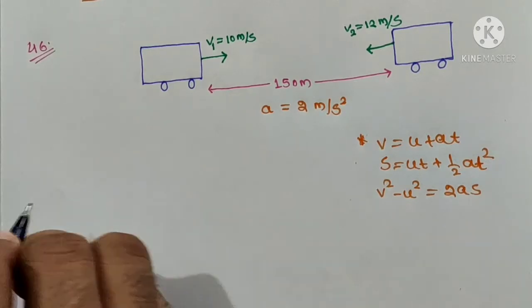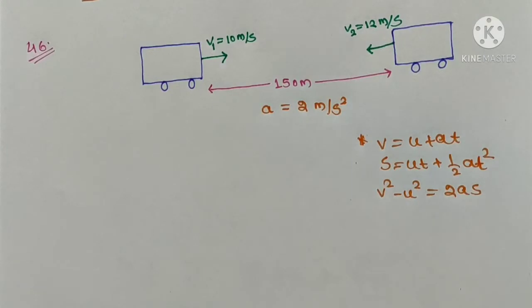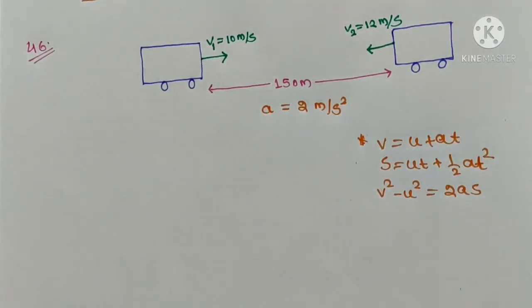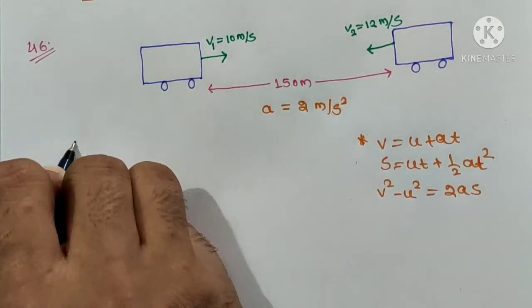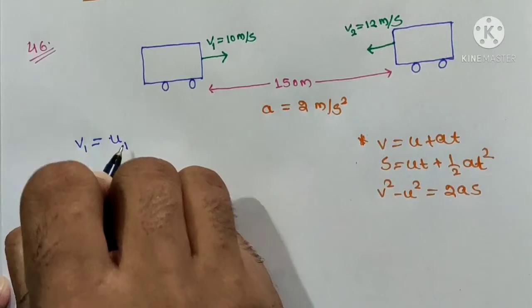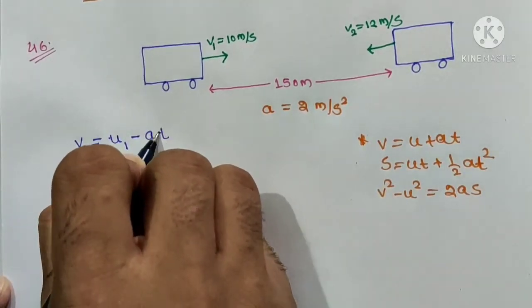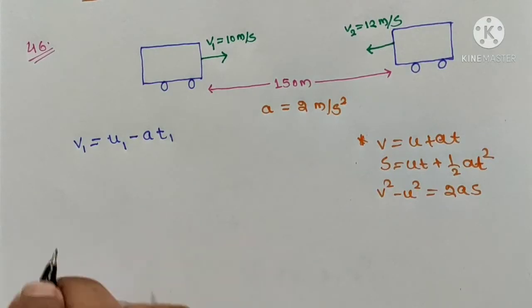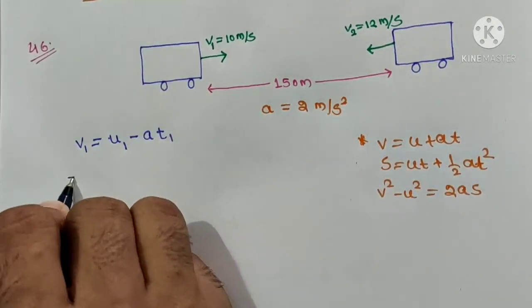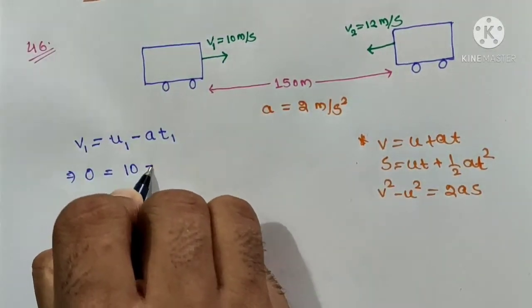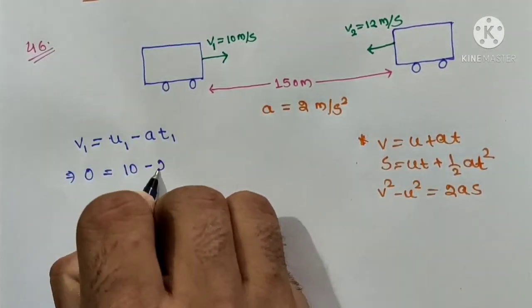देखो, let us first calculate the time taken by the fast car to stop. So v1 equal to u1 minus a t1. देखो, minus sign is there because they are decelerating. So when it will stop, final velocity will be 0, initial velocity 10 minus deceleration value 2 times t1.